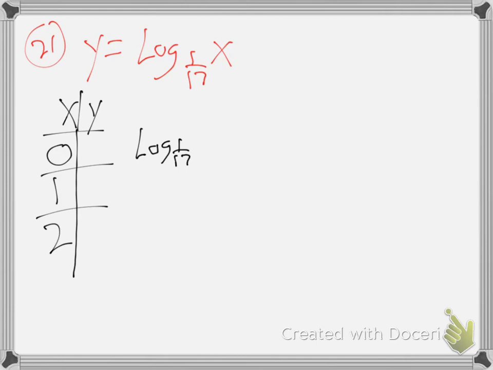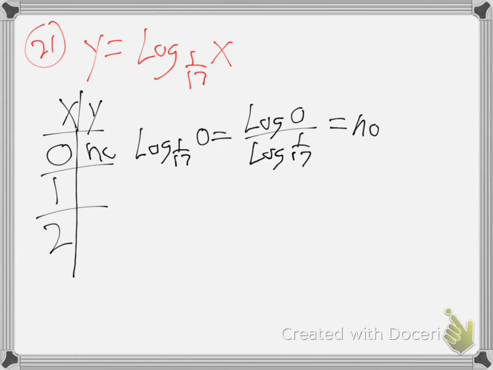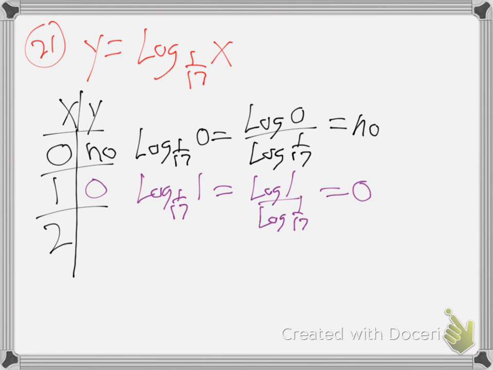So log base 1/17 of 0 is log 0 over log 1/17, which is no. That's an error. Next we'll have log 1/17 of 1, which is log of 1 over log 1/17, which is 0.